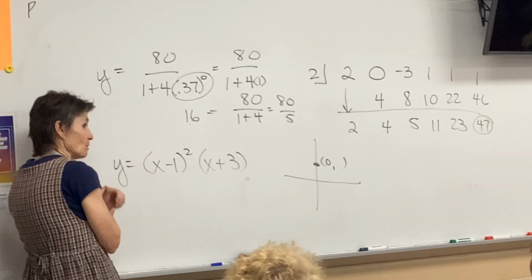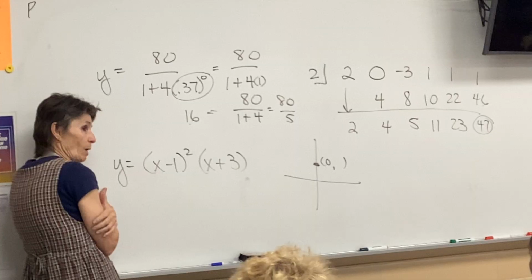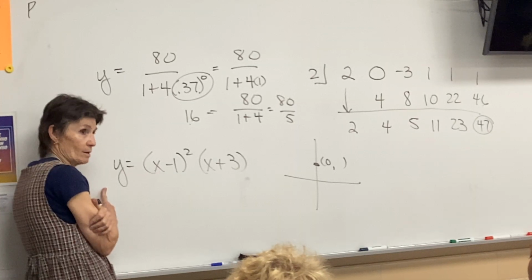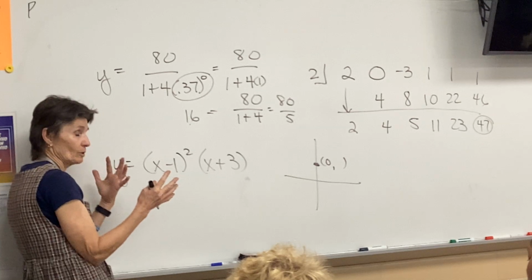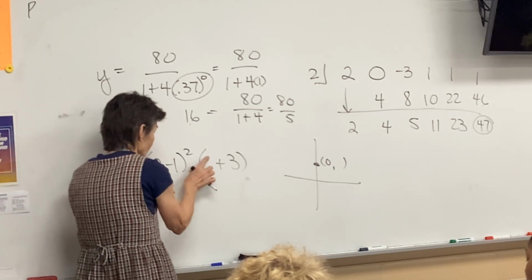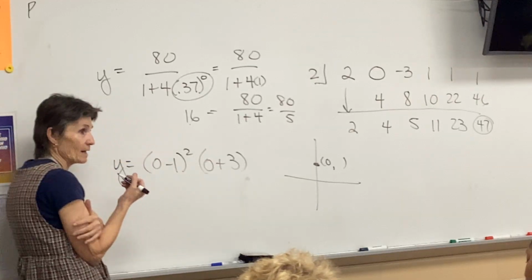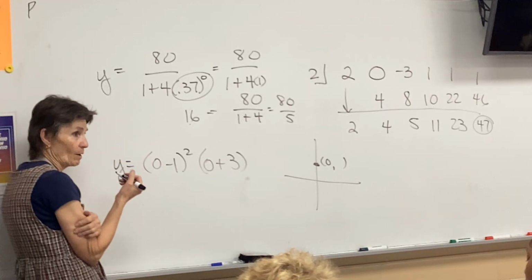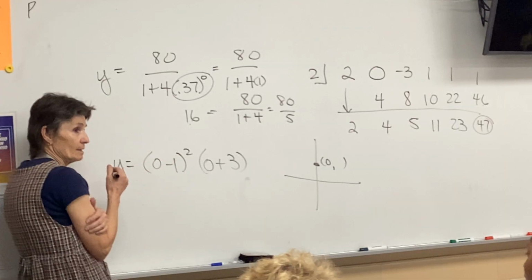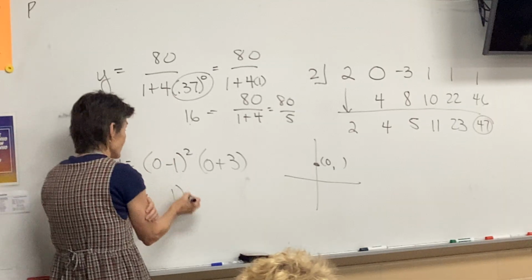All right, then we have this equation. How do we find a y-intercept? Put 0 in for x. It doesn't matter what the equation looks like. So I'm going to put a 0 here and a 0 here. That's how I find a y-intercept. I let x be 0. So 0 minus 1 is negative 1, squared is 1.